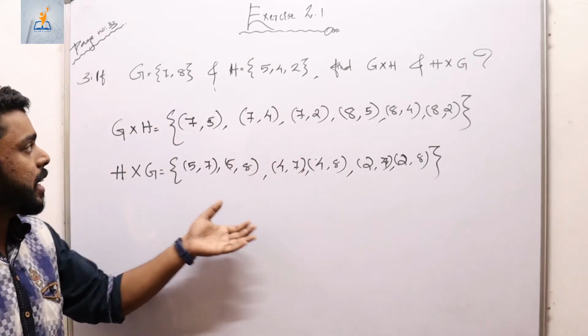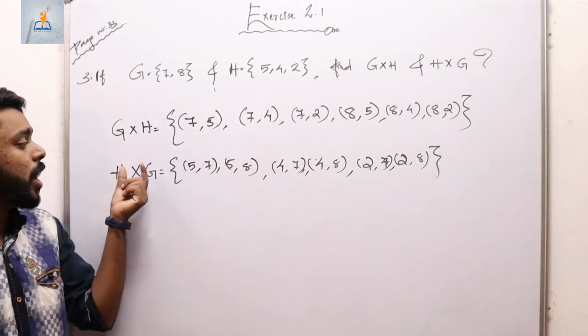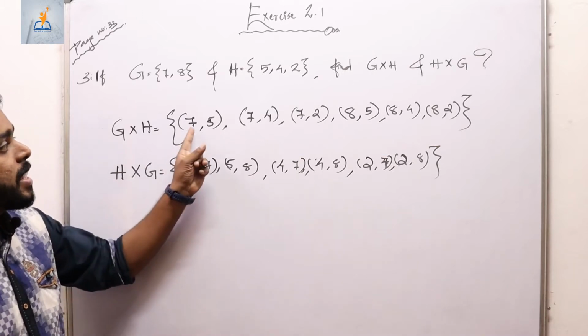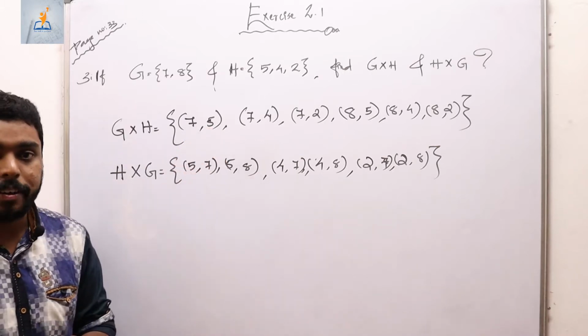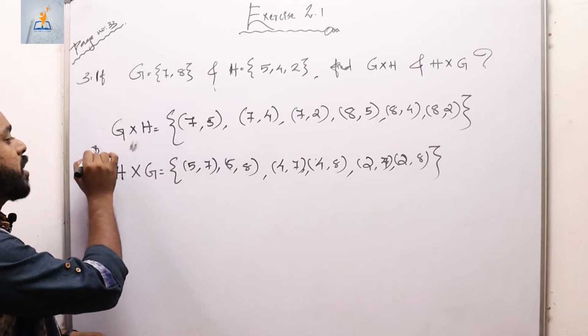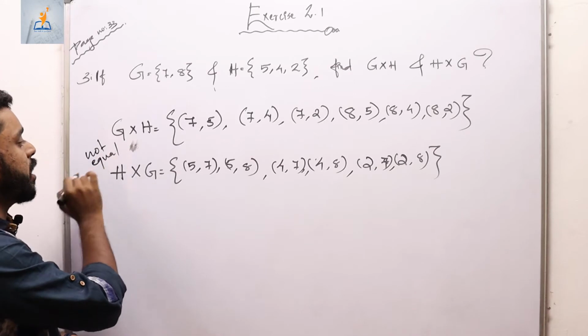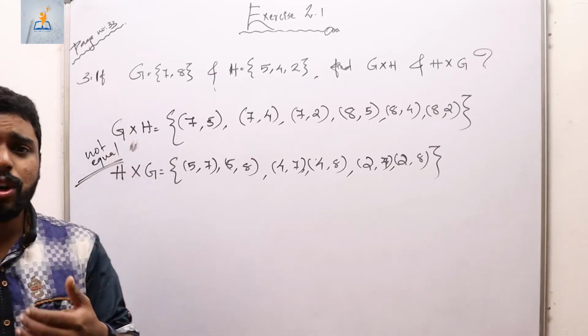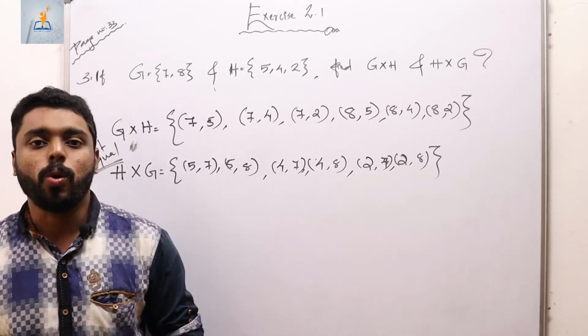See, here we constructed G cross H and H cross G. Also note that (7, 5) is not equal to (5, 7). Hence these two sets are never equal. That's also to be noted. So H cross G need not be equal to G cross H.